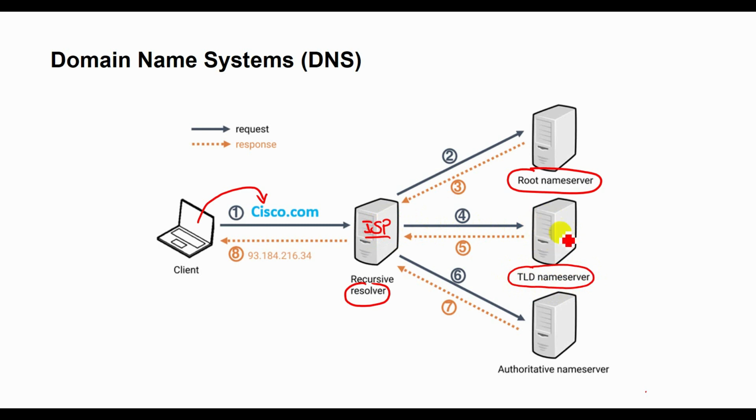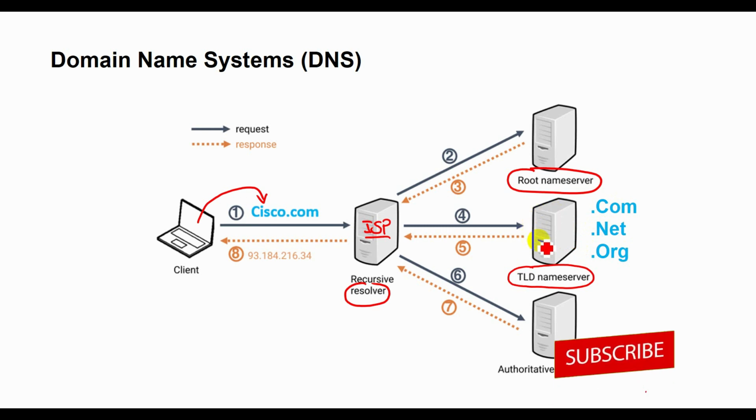The top level domain server stores the address information for top level domains such as .com, .net, .org, and so on. This particular TLD server manages the .com domain, which Cisco.com is a part of.